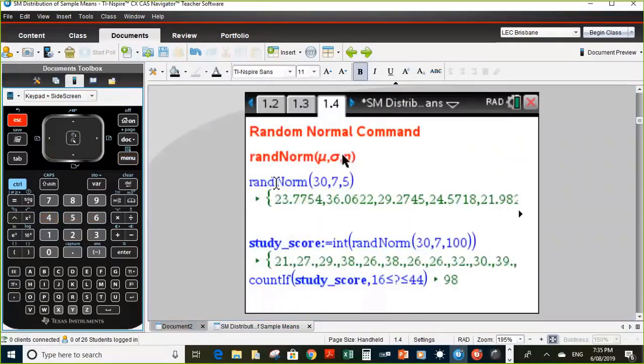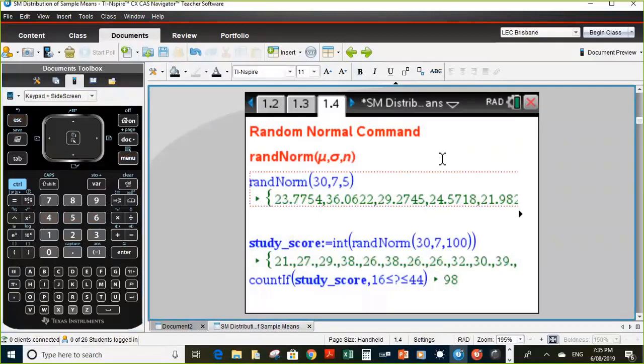We have a math box here, and a math box is inserted by pressing Control M into a notes page. And we've just typed in there randNorm. So the mean is 30, the standard deviation is 7, and the sample size is 5.